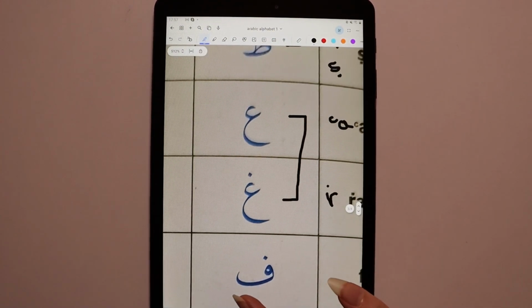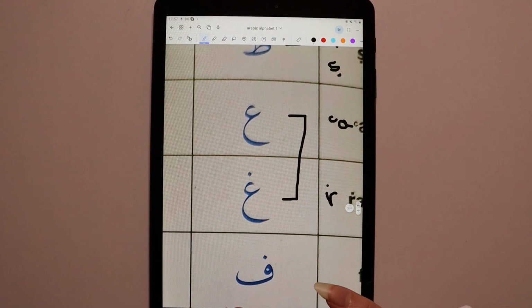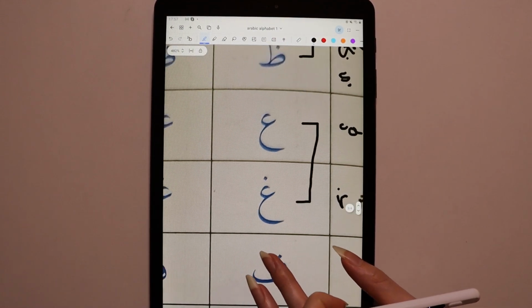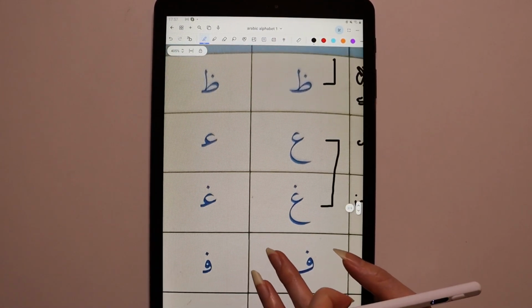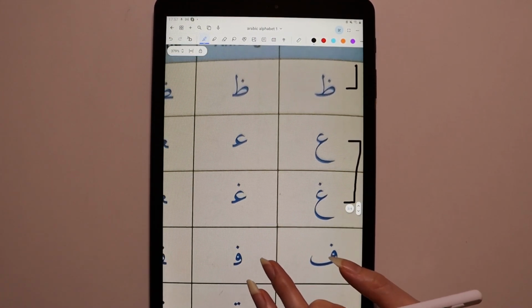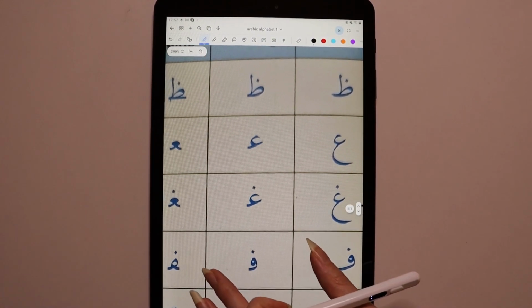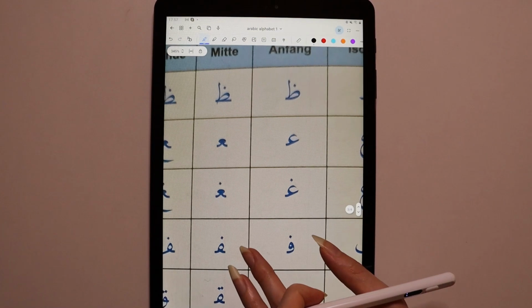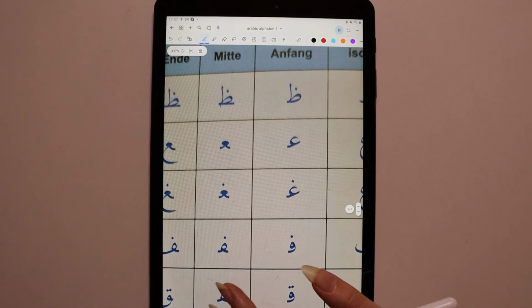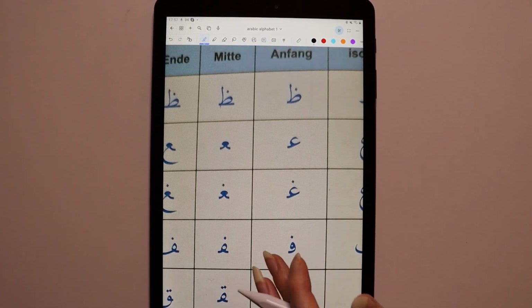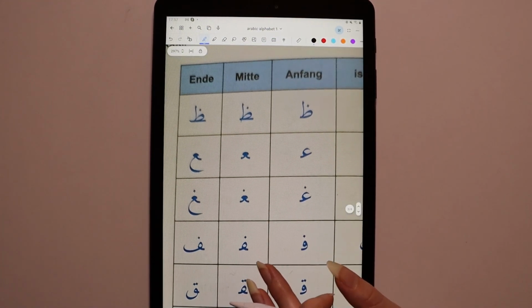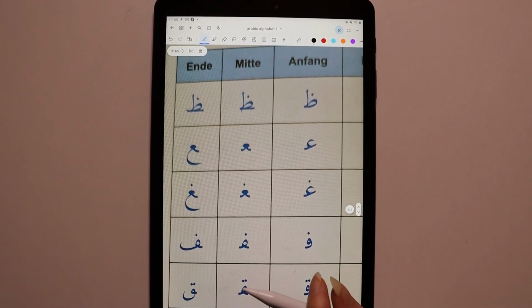It's a throat R, not a rolled R, but a throat R. And this is not the most difficult one for me, because I'm already used to this since I speak German and Dutch, but I feel like if you only speak English, it's not the English R. It's really ra. It's ra, rein. So like a French R.